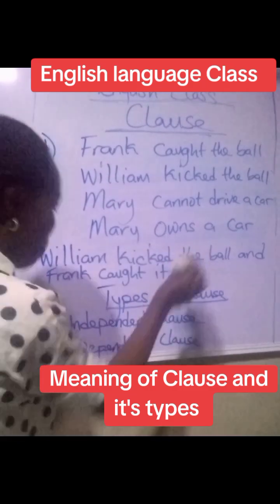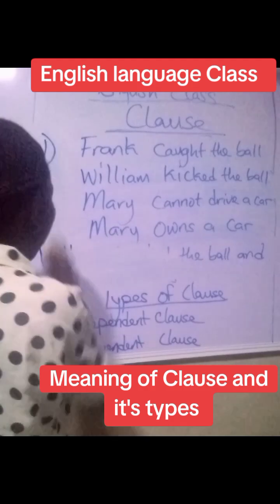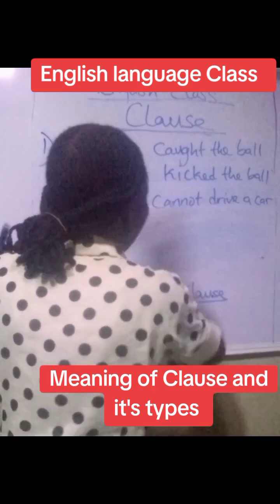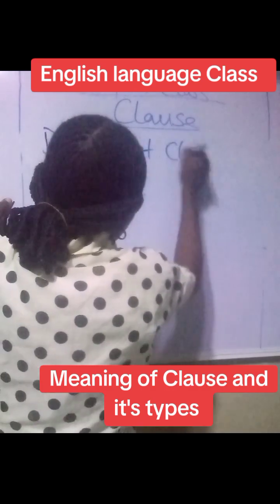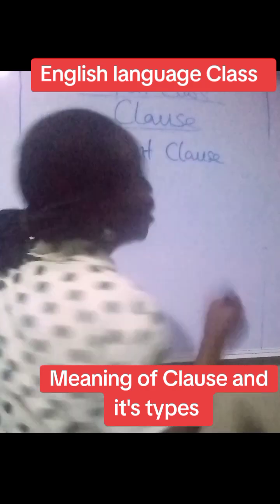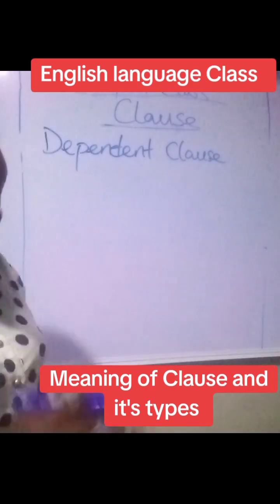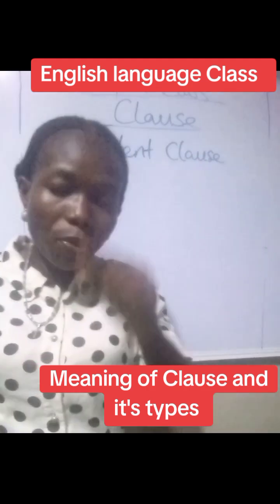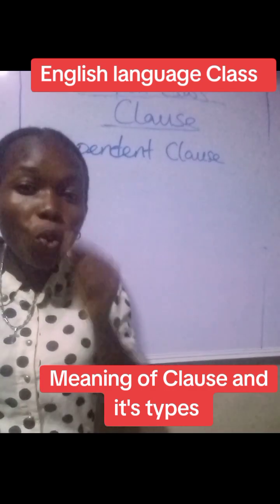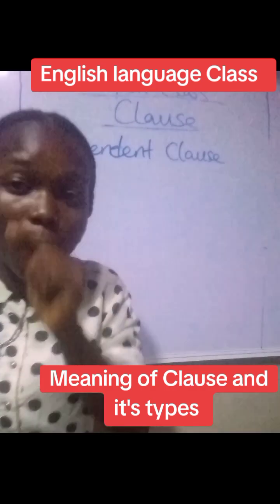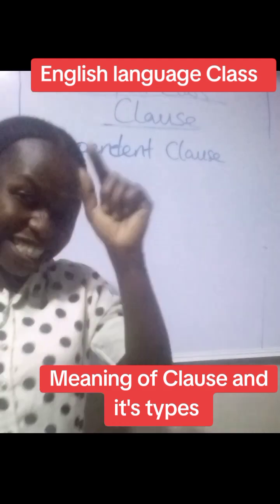Now let us look at dependent clause. What is dependent clause? Dependent clause may be described as a group of words that expresses an idea which is not able to stand alone as a sentence.